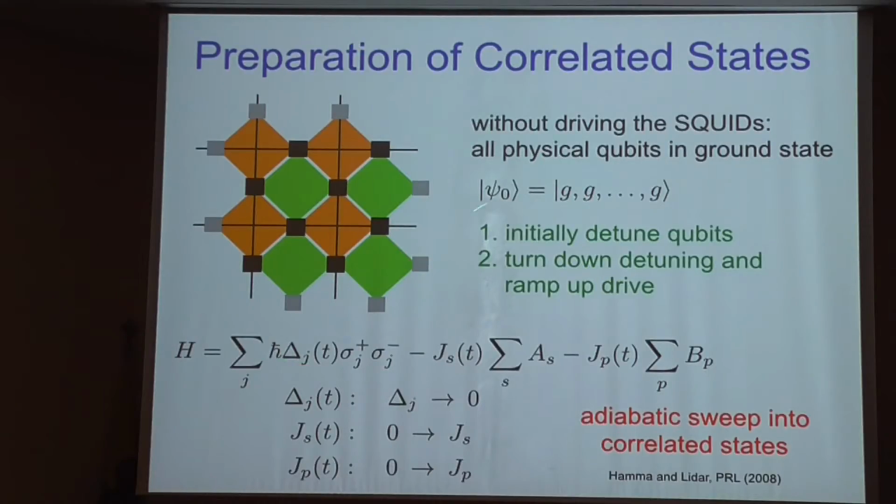This ramp of the drive generates a Hamiltonian where you have a time-dependent detuning for each of the qubits and time-dependent interaction strengths for the stabilizers. Start with a maximal detuning and ramp this down to zero and at the same time increase the stabilizer interactions. This way of adiabatic sweep through a quantum phase transition has actually been proposed by Hartmann and Dark.